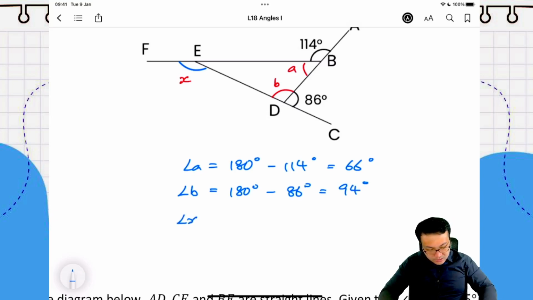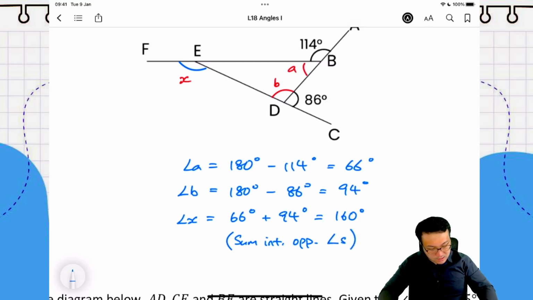Therefore, angle X equals angle A plus angle B, which will give us 160. And we write down the rule: sum of the interior opposite angles. There you go.